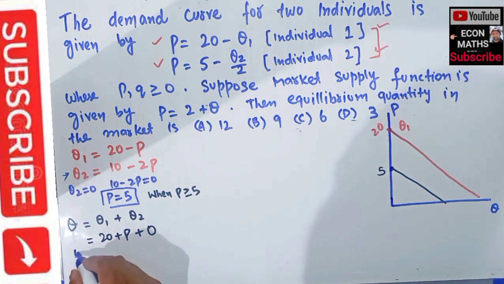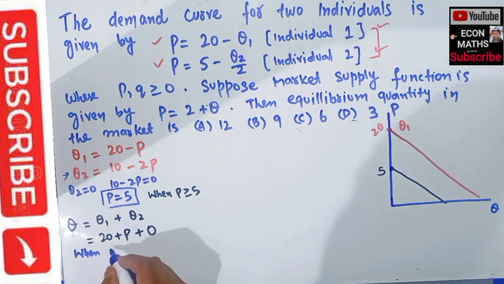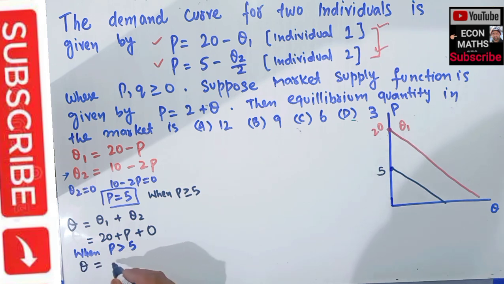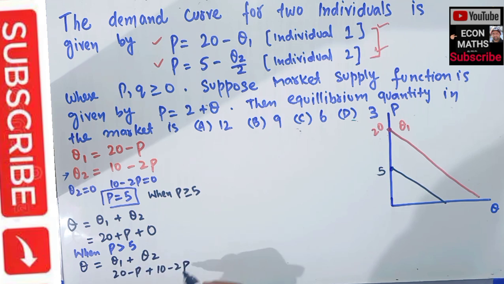And when price is less than 5, in this case we add up these two again. That means Q will be equal to q1 plus q2, which is 20 minus p plus 10 minus 2p, which is 20 plus 10 is 30 minus 3p.